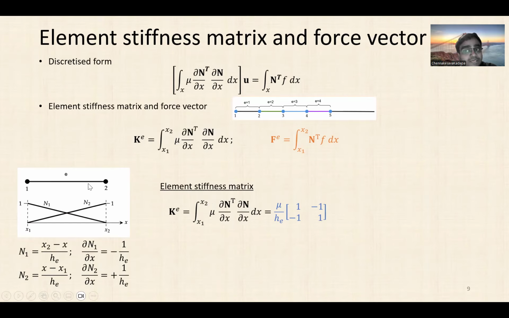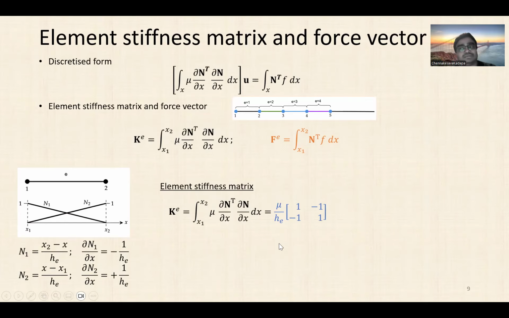So this is for a 2 noded element, and each node has 1 degree of freedom, which is the diffusion variable u. Okay, so u1, u2. So the matrix is of size 2 by 2, and this is the closed form expression for the element stiffness matrix. Again, the matrix is exactly the same as what we use in the bar element. Here, μ becomes our material property in the bar element, EA.